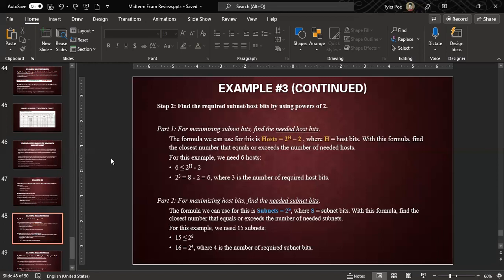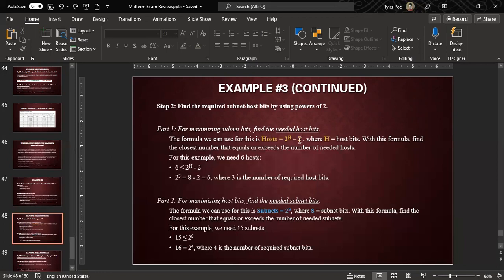I just wanted to know, did I cut out at all when I was talking about the example of maximum subnets and hosts? I noticed my headset was unplugged for a second there. No, the audio just sounded different though. Okay, just as long as I was recorded, that's all that matters. I apologize for that.